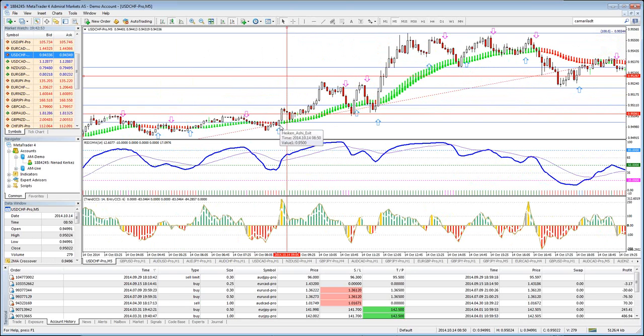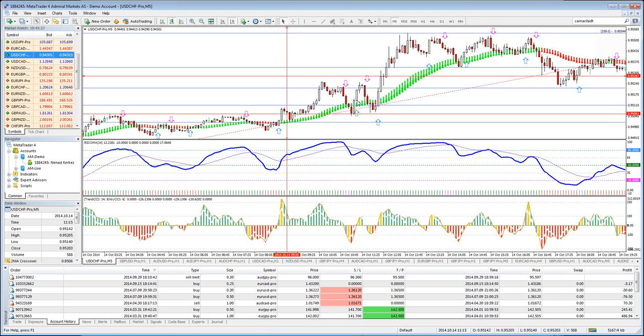So wait, look for buy entries, we marked most obvious level for breakout on 5-minute time frame, and look at this. Price went straight up. Of course, when we see Heiken Ashi, which is the core of the system, if Heiken Ashi is green, we actually negate those pink arrows, right?